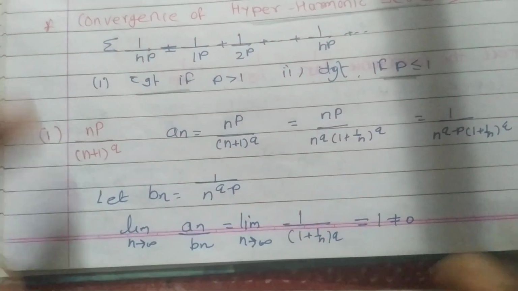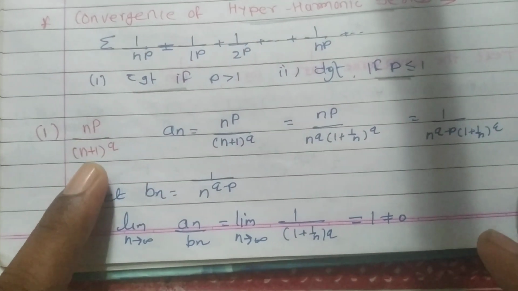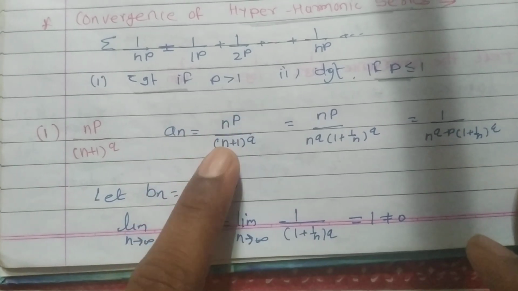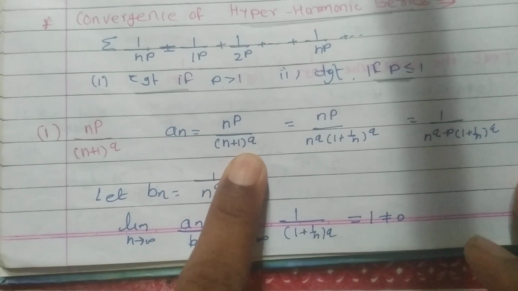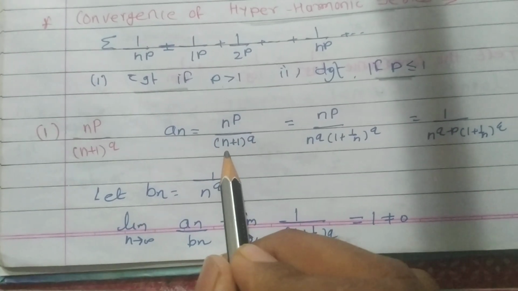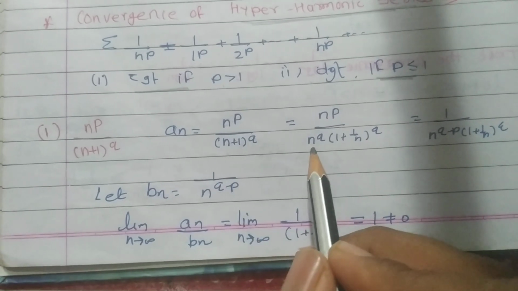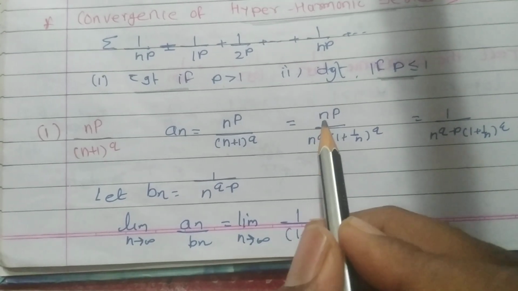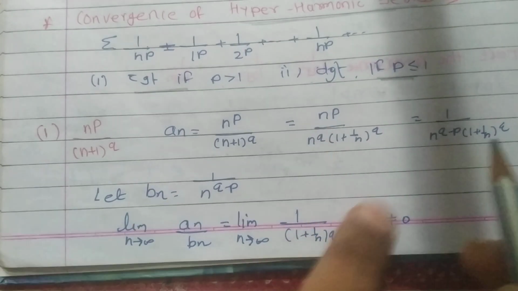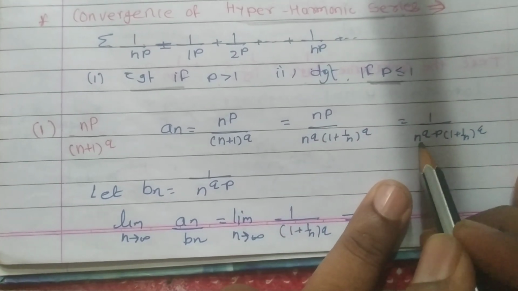Suppose the series is n raised to p upon (n plus 1) raised to q, where an is equal to n raised to p upon (n plus 1) raised to q. Then we take n outside, so the denominator becomes n raised to q times (1 plus 1 upon n) raised to q, giving 1 upon n raised to q minus p.